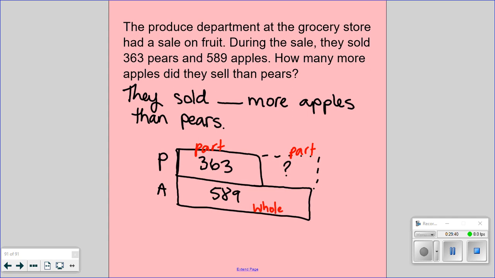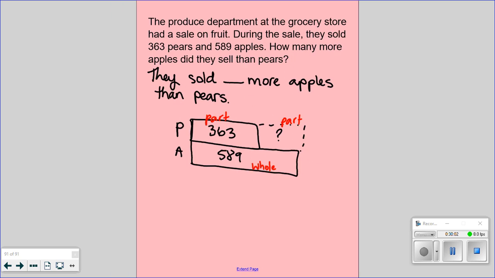Now I've got a model. Now I need to make some equations. Let's make an addition equation. I like addition. When I add my parts together, Jalen, which part you want to start with? Let me start with the part that's all invisible. Okay, which is what? 363.